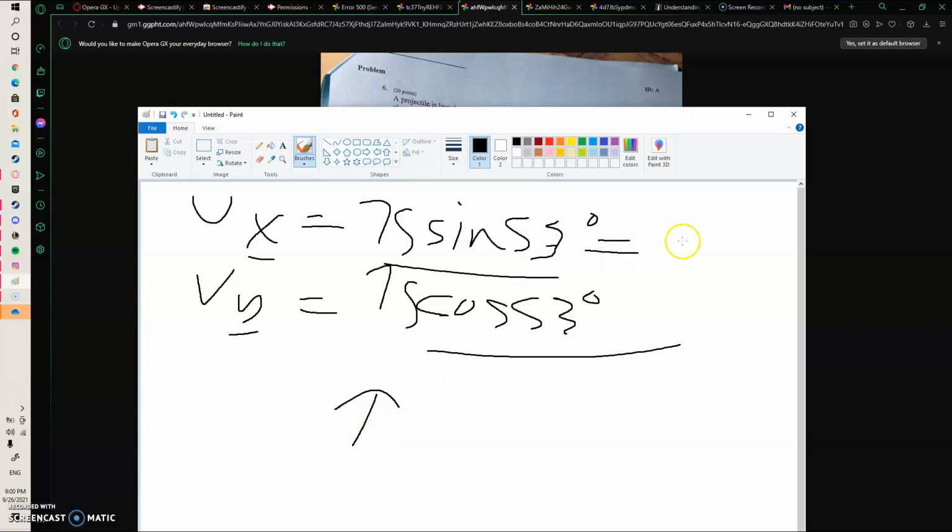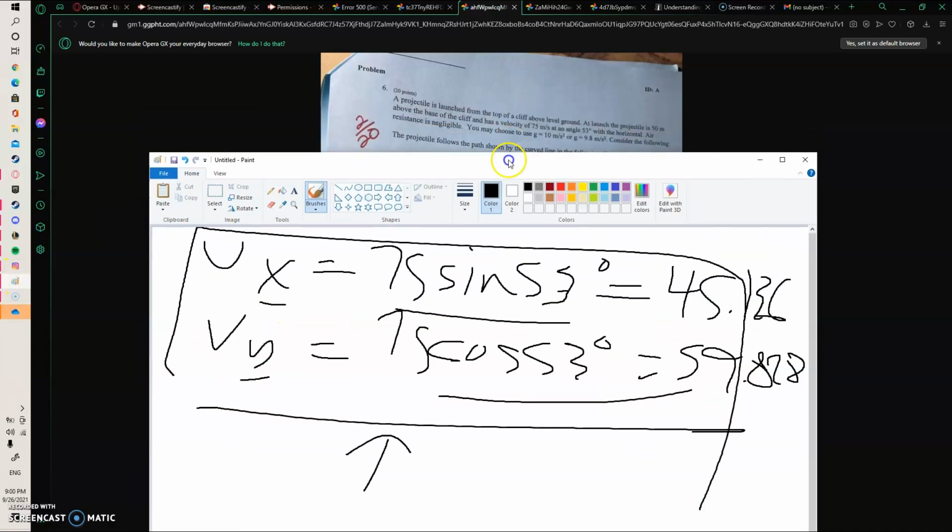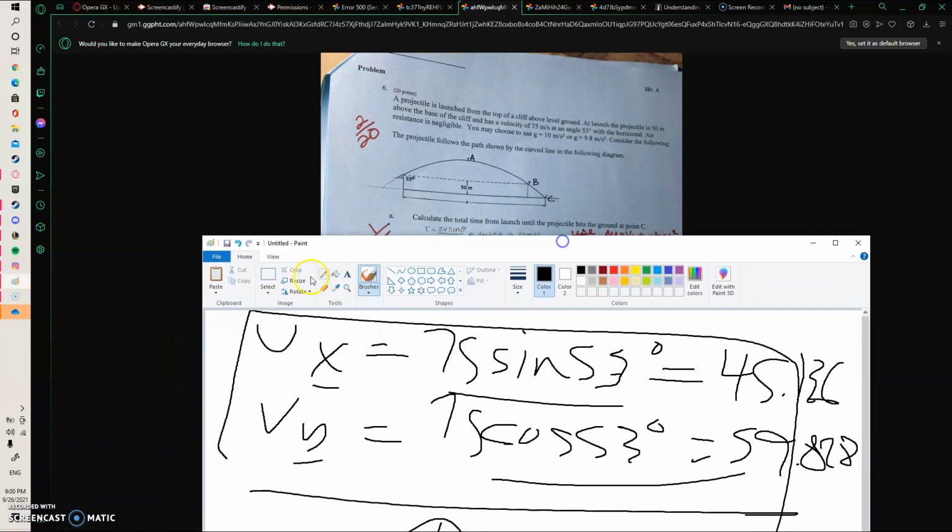Putting this in the calculator, you would get 45.136 for this and 59.898 for this. We're going to keep these values in mind because we'll use them to find the answers to the next questions.